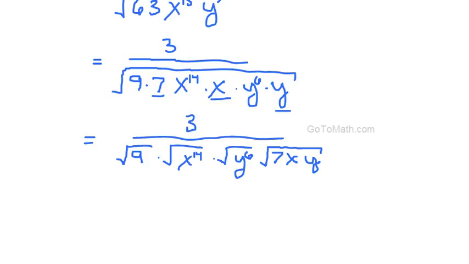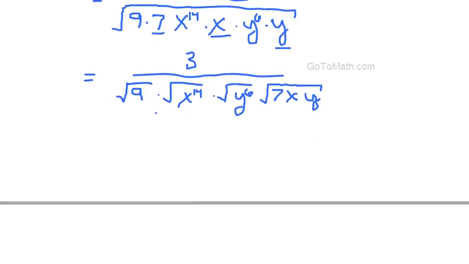Alright. Okay, so what do we got now? Well, the square root of 9 is 3, and those 3's will cancel out. So maybe I can skip that step. The square root of 9 is 3, but we have a 3 up here in the numerator, so we'll be able to cancel that 3 and that 3 out. The square root of x to the 14th is going to be x to the 7th.